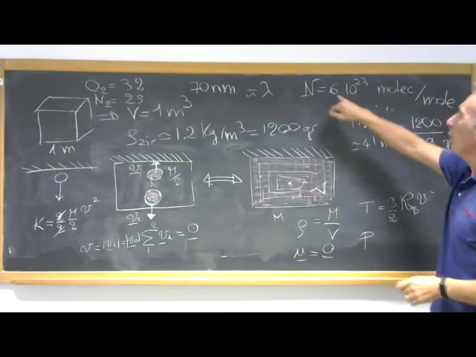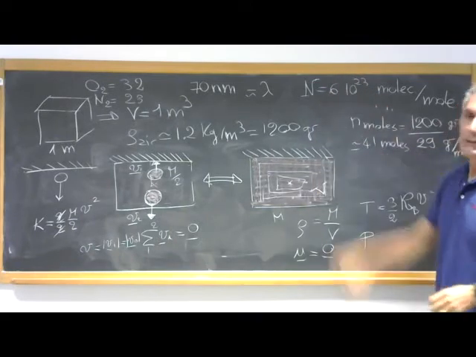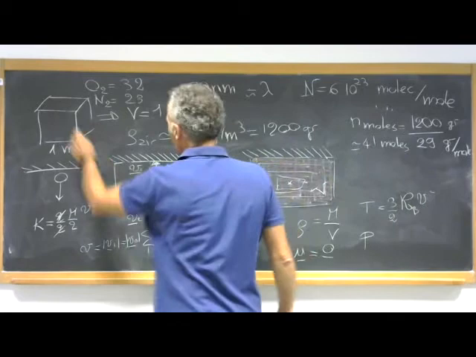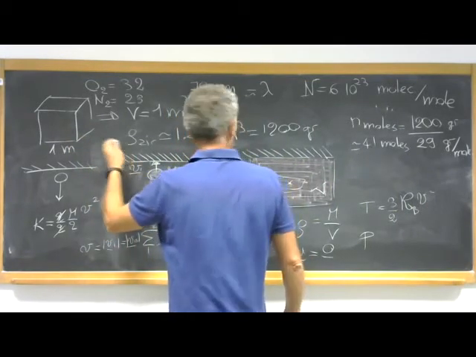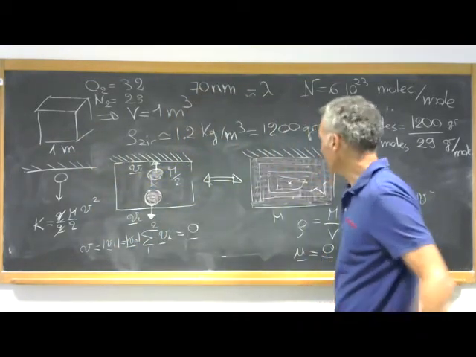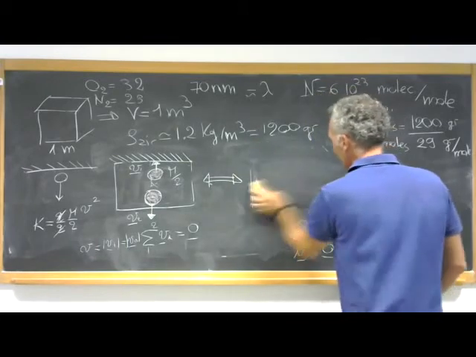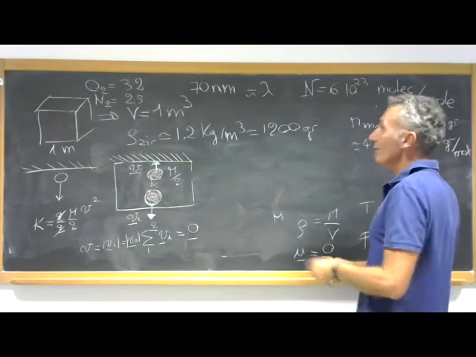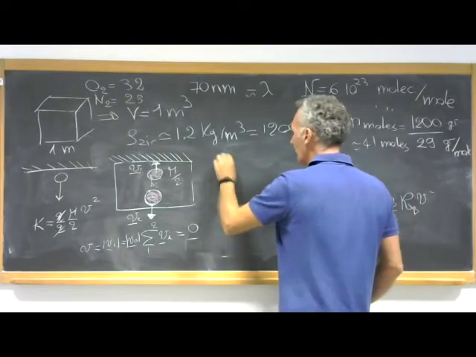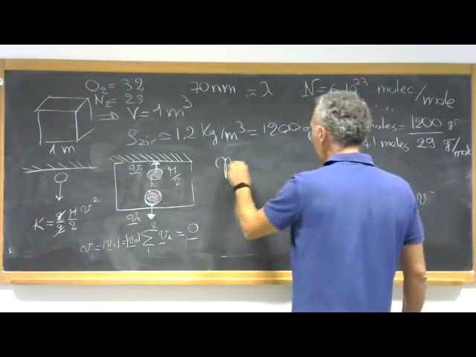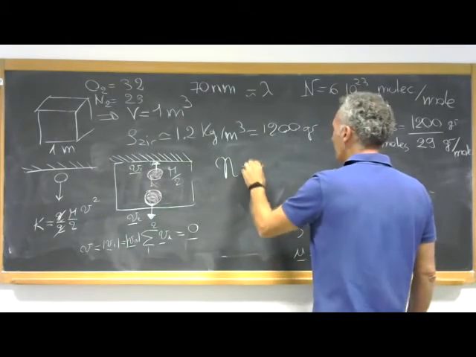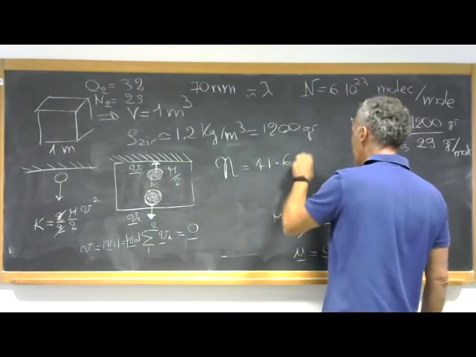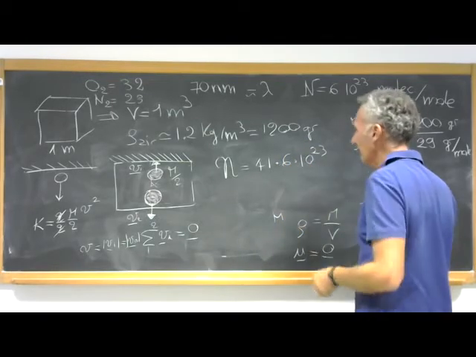But each mole has this big number of molecules, so the number of molecules in a cubic meter, let's call it calligraphic N, is 41 times 6 times 10^23.